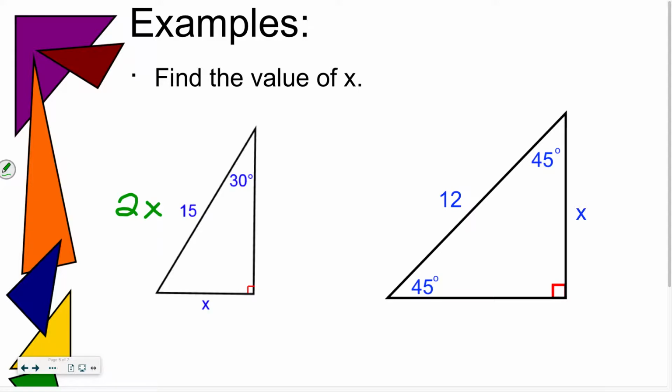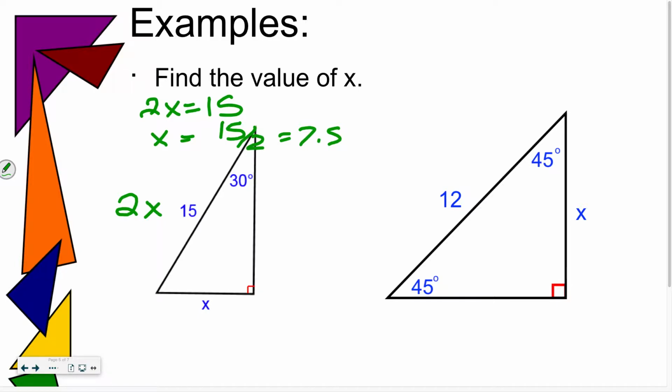So 2x is 15, which means that x is 15 halves or 7.5. Either one of those is fine because they're both exact.